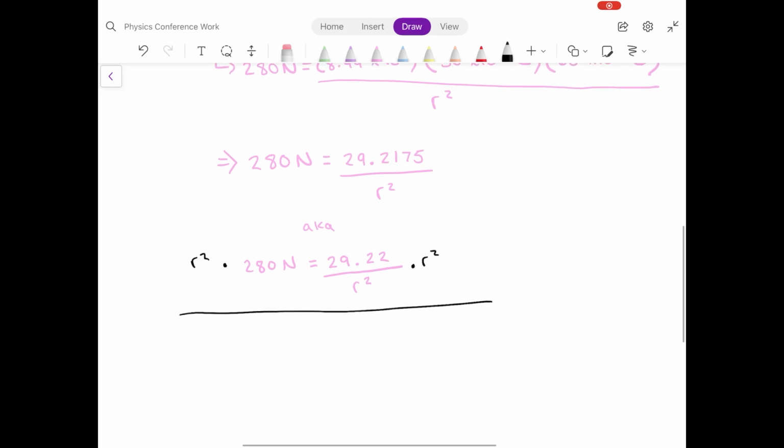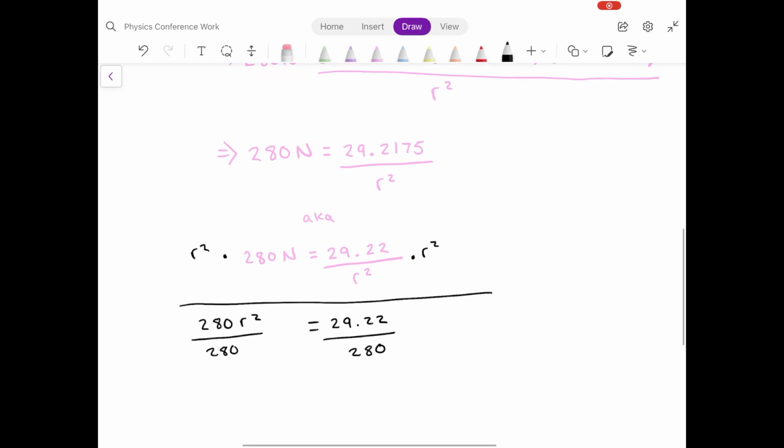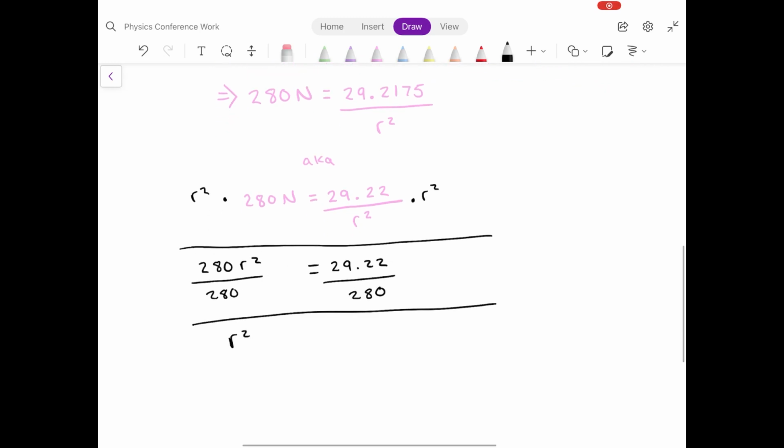So this gives us 280 R squared equals 29.22. Now we divide both sides by 280, which gives us R squared equals 0.104.